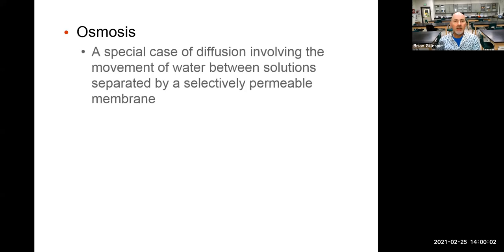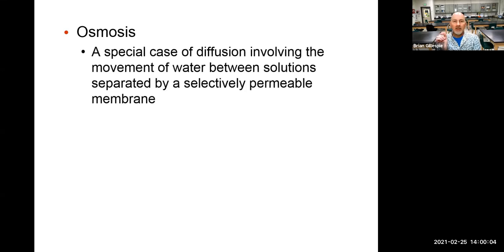Okay. Now, since we're talking about diffusion, and I just recently brought up the osmosis experiment from your laboratory activities, let's talk about osmosis, okay? Because osmosis is a very specific case of diffusion, right? And it's really, really important in the functioning of cells.